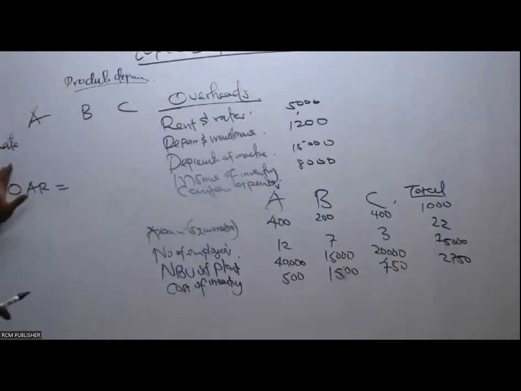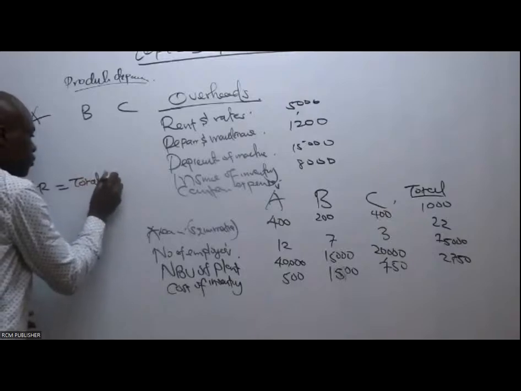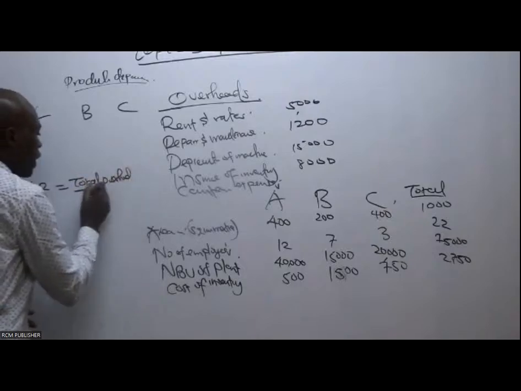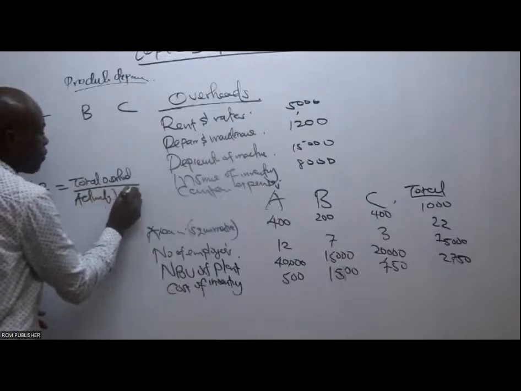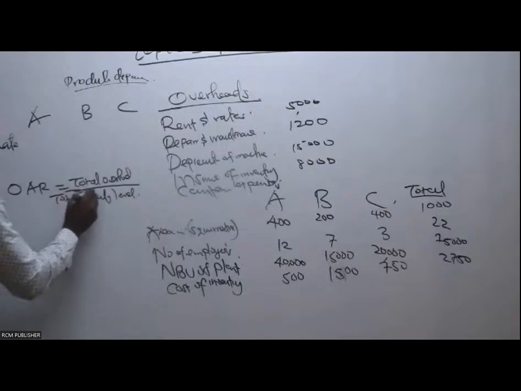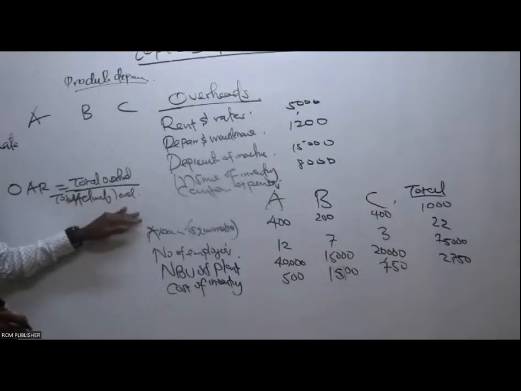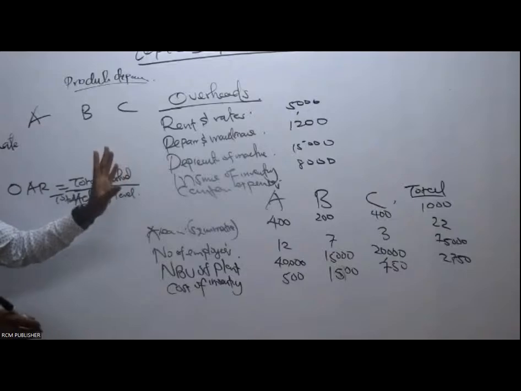We are going to look for the overhead absorption rate, which is going to be the total overhead over the total activity level. Remember some people or some books indicate total number of units. Now, if you're dealing with area, we are not dealing with product, so there is no unit.